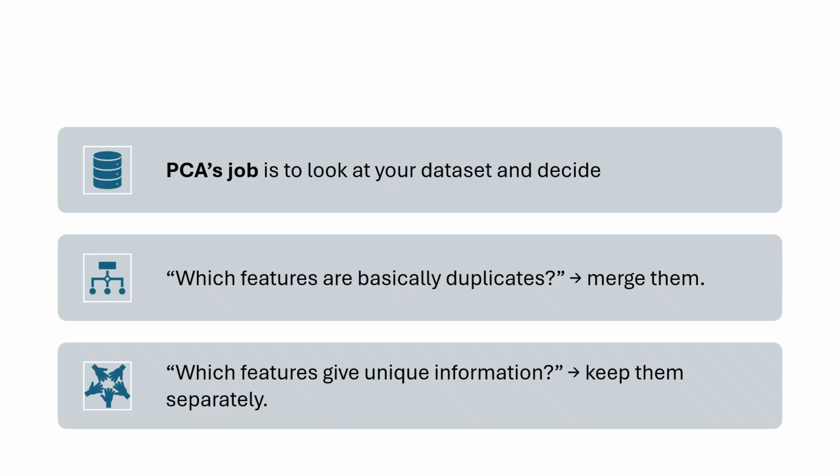Second, which features give unique information? Those PCA will keep separately because they add real value to understanding the data. This way, PCA simplifies the data set by removing redundancy, but still keeps all the important information intact.